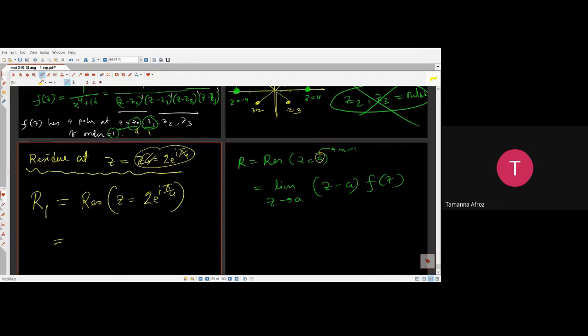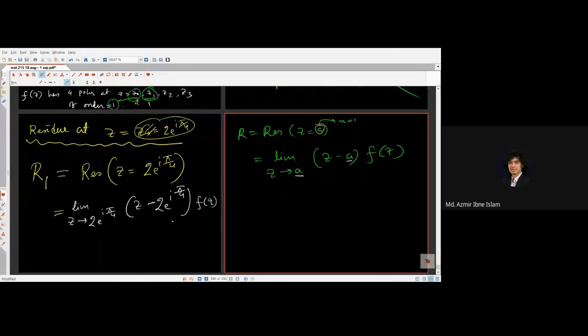Yes, sir. So now limit z tends to a. a is this one, 2e^(iπ/4). Times (z - 2e^(iπ/4)) and the function f(z). So the problem is looking difficult, but actually the process is the same.